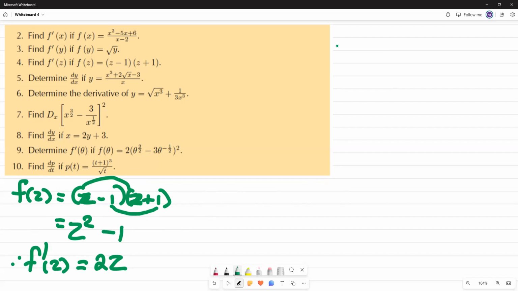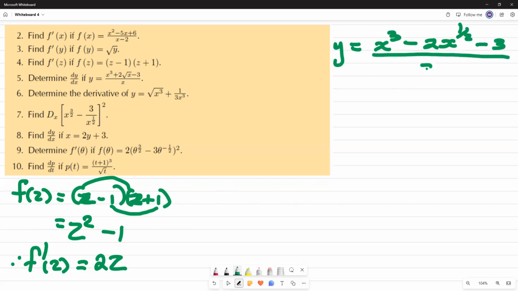So on 5, you have y equals x cubed over 2. I'm sure you can see that we can write it as x to the power half, right? This guy here, ne? And then minus 3 over x. And I'm sure you still remember I said if you have one term at the bottom, you're going to distribute.